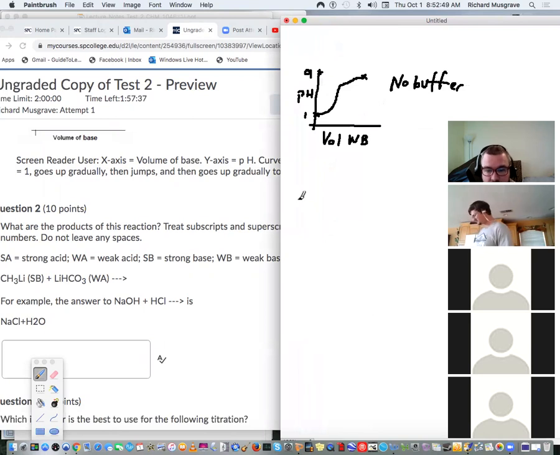So what are the products of this reaction? We've got CH3Li, which I'm telling you is a strong base, and LiHCO3, which is a weak acid.